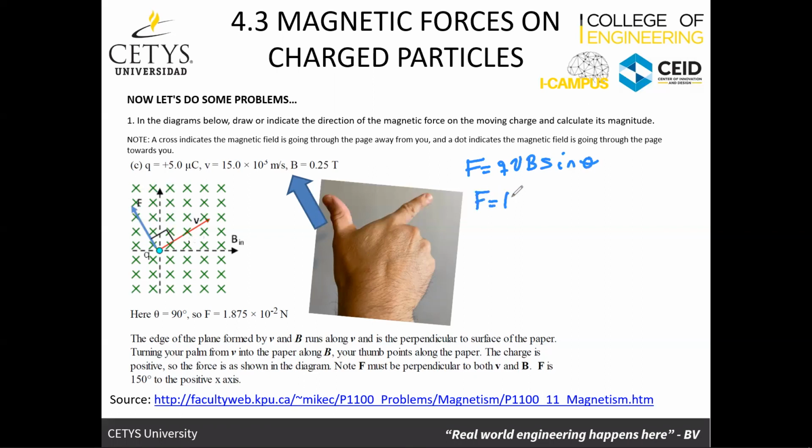F equals Q, which is 5 times 10 to the minus 6, V is 15 times 10 to the 3, B is 0.25, and the sine of 90 degrees.